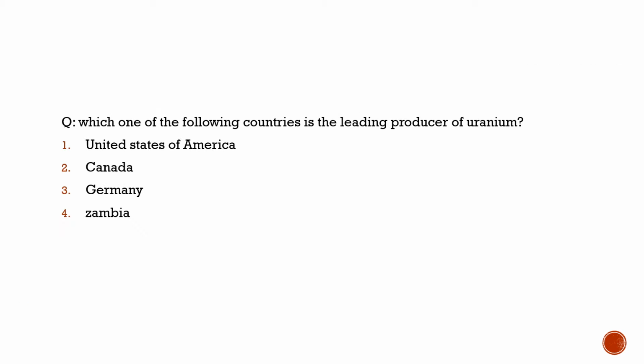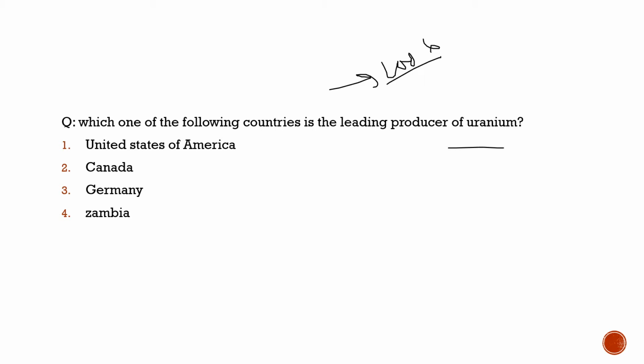Here the question says, which one of the countries is the leading producer of uranium? With respect to this, first we should know that this question was asked in 2006. Since 2006, the technologies have improved and the need for these materials has increased. So we can assume that the data which was available in 2006 is not the same as what is available in 2025.